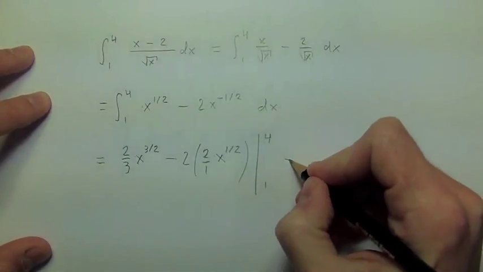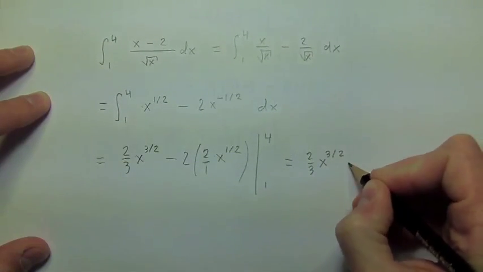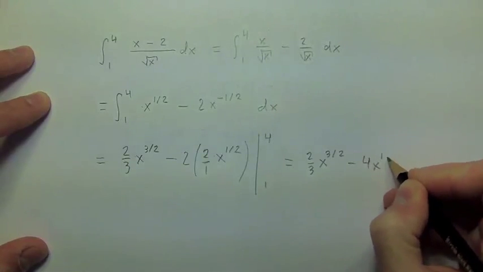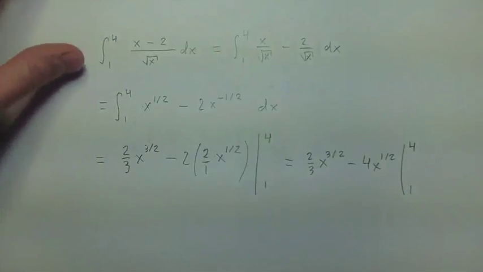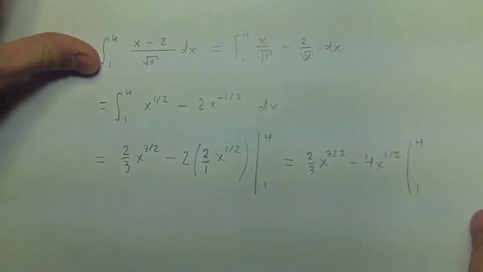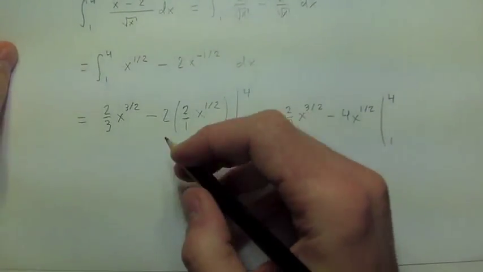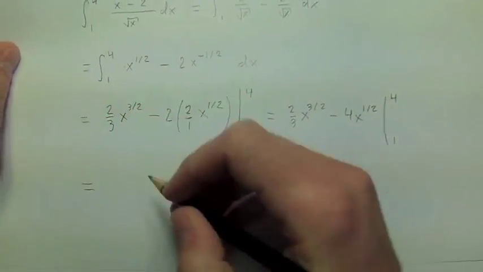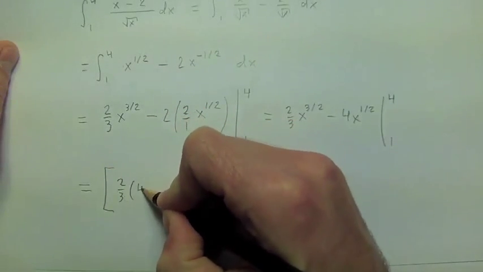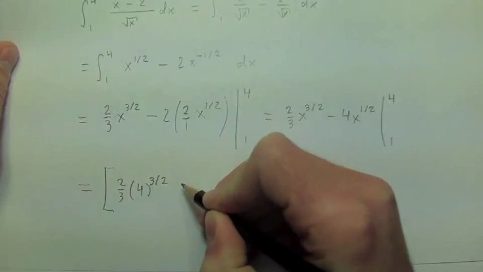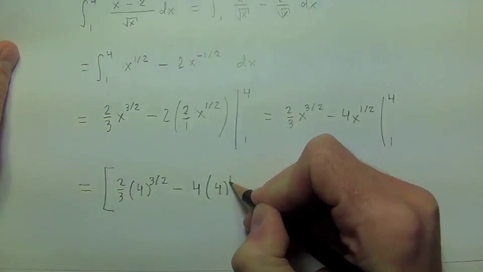All right, so simplifying this is, of course, 2/3 x to the 3/2 minus 4x to the 1/2 evaluated from 1 to 4. Now that 1 isn't going to be much of a problem, but that 4 may be. So here we go. I'm going to plug in 4. So this is going to be 2/3 4 to the 3/2 minus 4 times 4 to the 1/2.